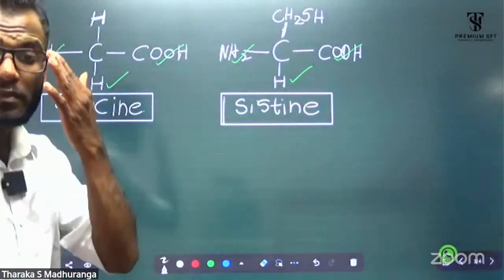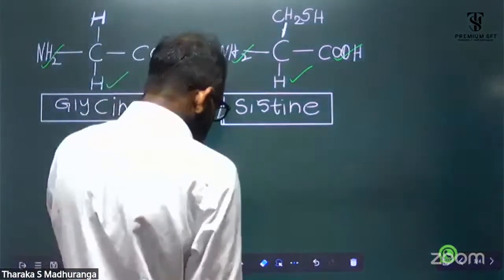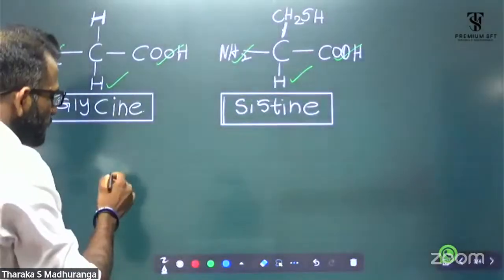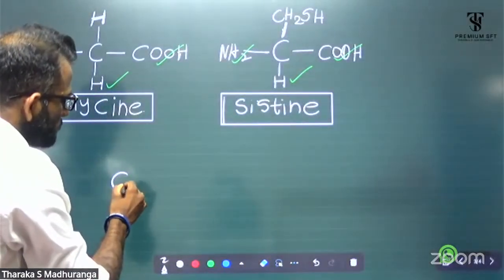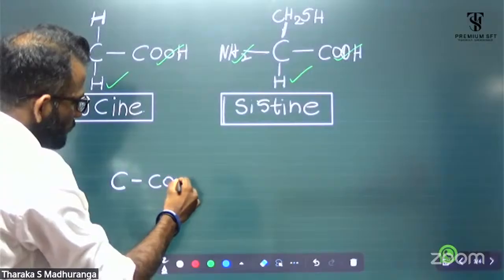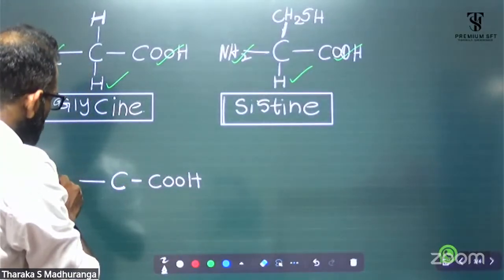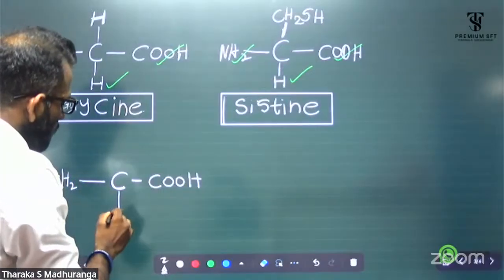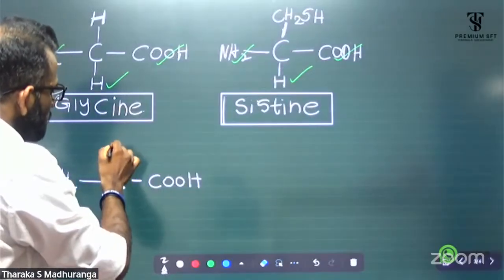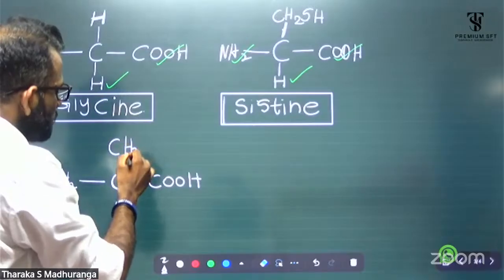Complete? Okay, the third one, alanine. Alanine: alpha carbon, COOH the carboxylic group, amine group NH2, hydrogen, and CH3 is the R carbon group.